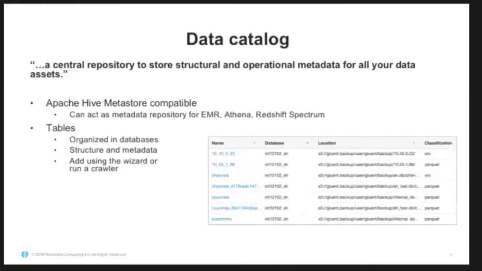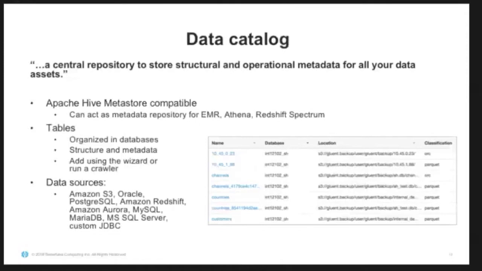These are all files within S3 buckets. Then the classification, which is the type of file that you're accessing: Parquet, ORC, JSON, CSV, or it could just be a table in a relational database. You can create this metadata, again, using the crawler, or you can manually add it using a wizard.